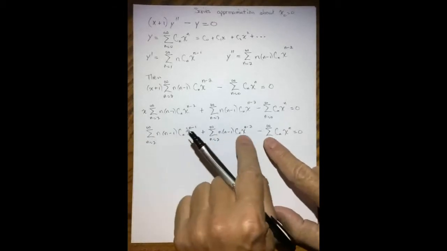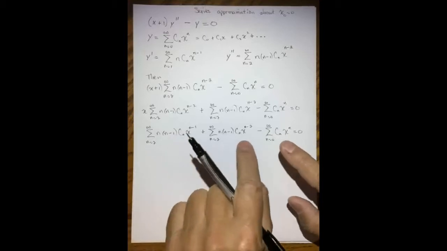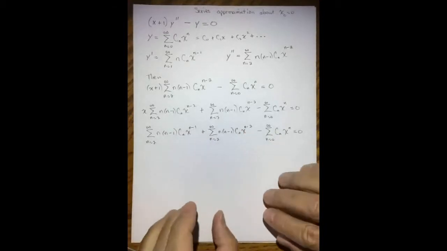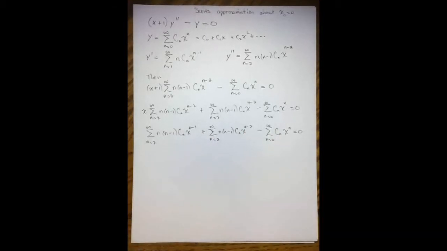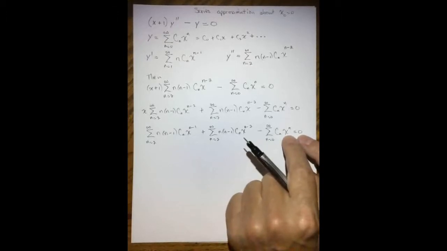Regardless of which one of these you pick and you change the other two to that exponent, you're going to end up with the same thing. So without loss of generality, I always change everything to n. All the exponents to the power n.